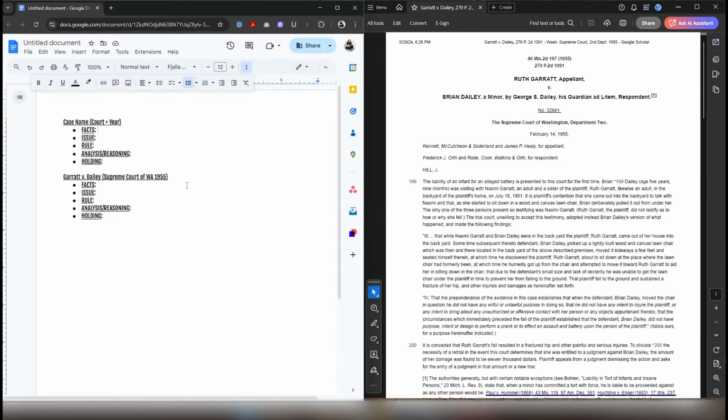So remember, the facts is who sued who for what. So what were the events that led up to the plaintiff suing the defendant? The issue is what is the legal issue that the parties are asking this judge to decide.